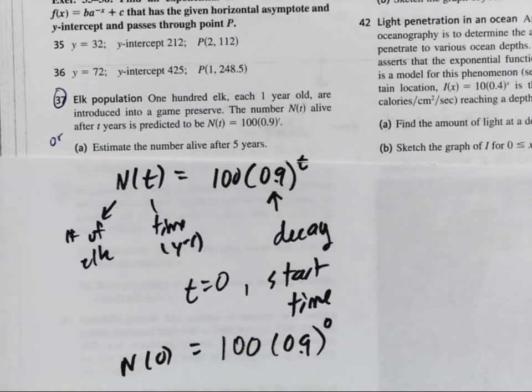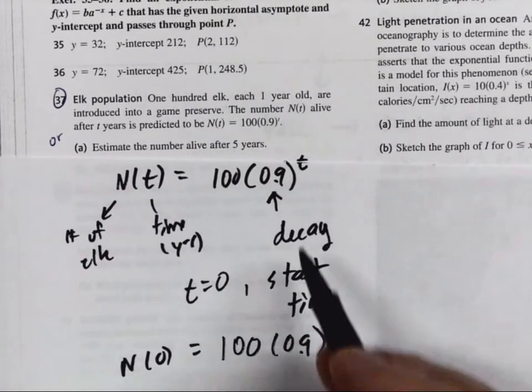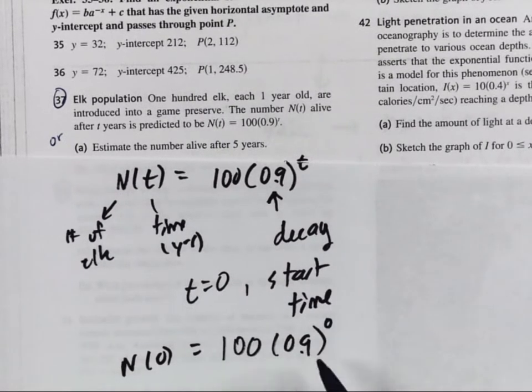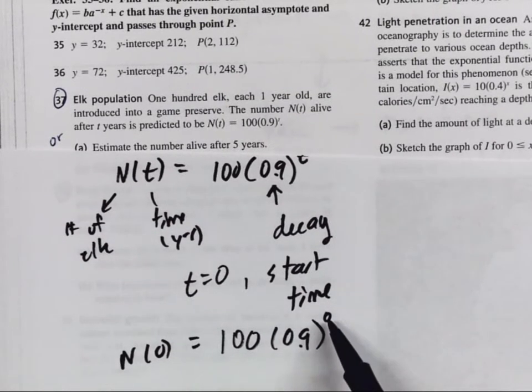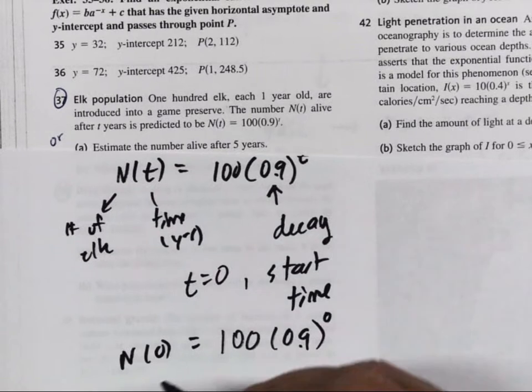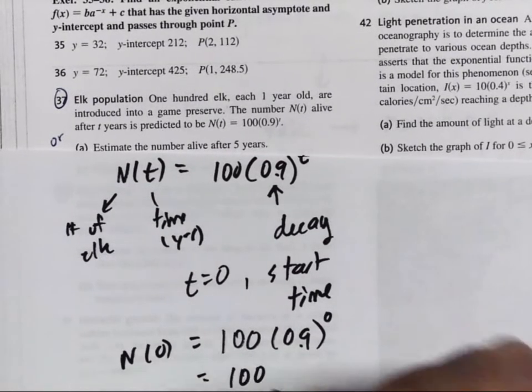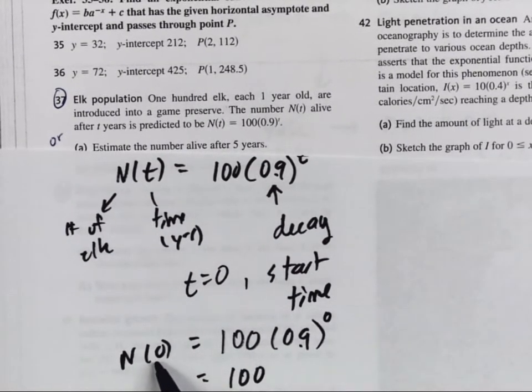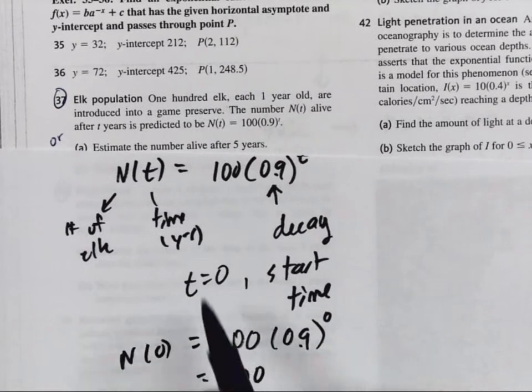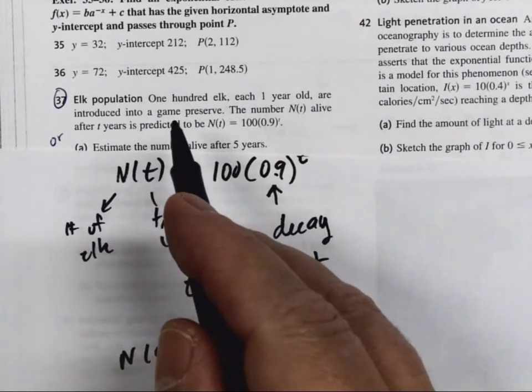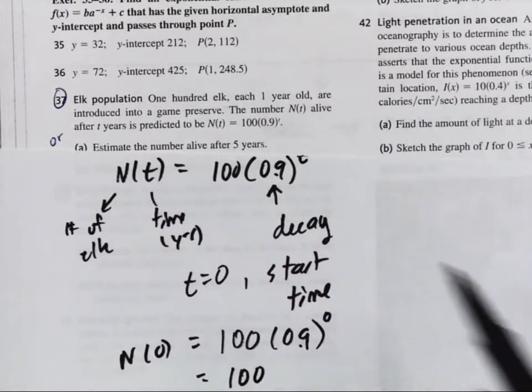The number of elk when the time is 0: plug in 0 for t, 100 times 0.9 to the 0. What's 0.9 to the 0 equal? Anything raised to a 0 exponent is 1. So this says at time 0, 100 elk, which makes sense, because they're saying they put 100 elk into the park.